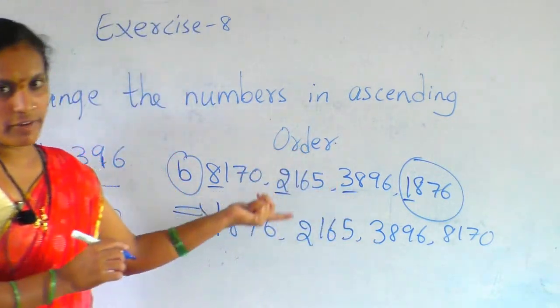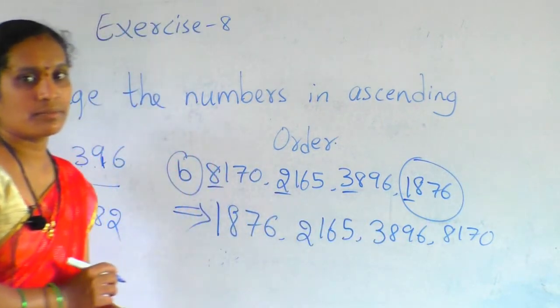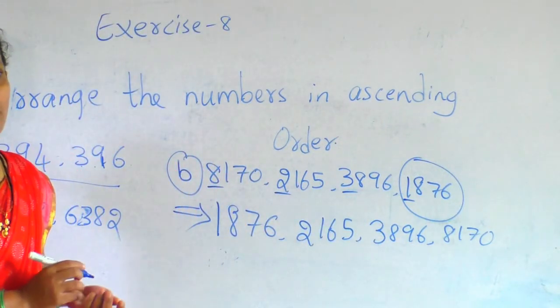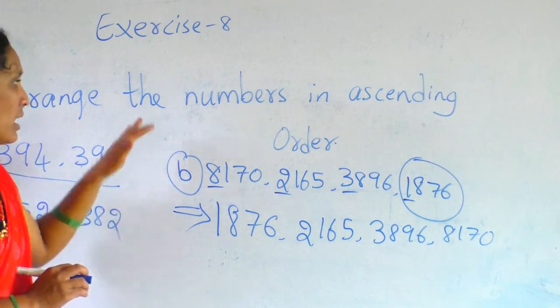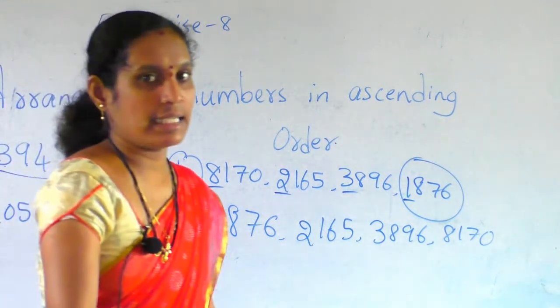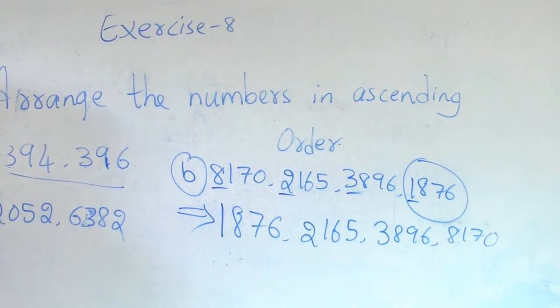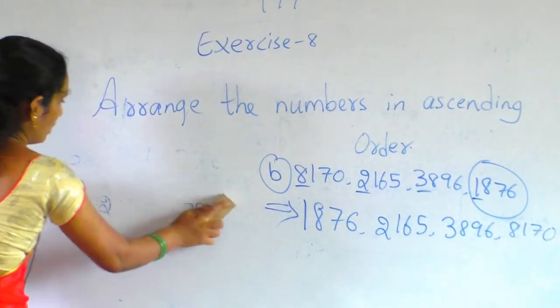So 4 is not there, 5 is not there, 6 is not there, 7 is not there, 8. Direct 8. Understood? This is about ascending order. Next we move for descending order. Descending order means bigger to smaller number.